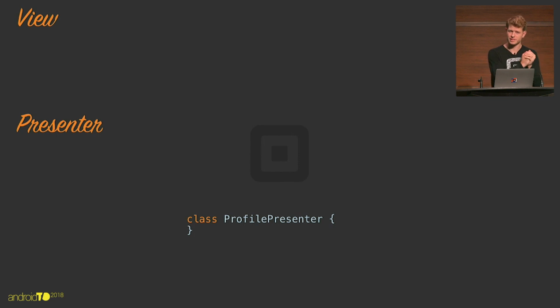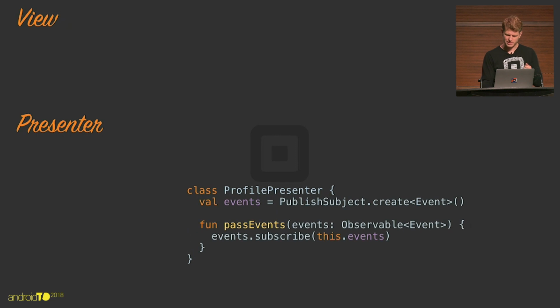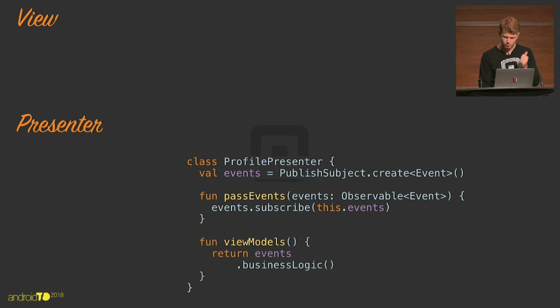If the source of the stream gets destroyed, the stream terminates. So we need something in the presenter that will hold a stream from the beginning. So we create a publish subject, which the view would pass events to. And then inside the view model method, we would return view models from our field events.